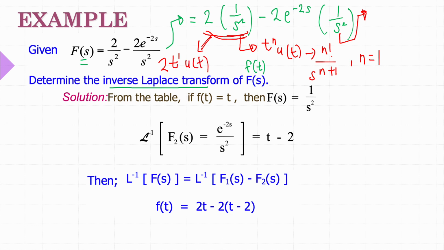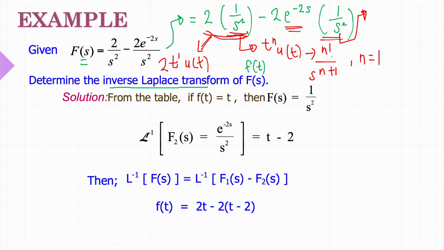Alright, so now what is left is only this part. We can see 1 over s squared is the same as this 1 over s squared. However, there is exponential negative 2s. So therefore we know that time shifting is involved because there is an exponential here. We can rewrite this equation.